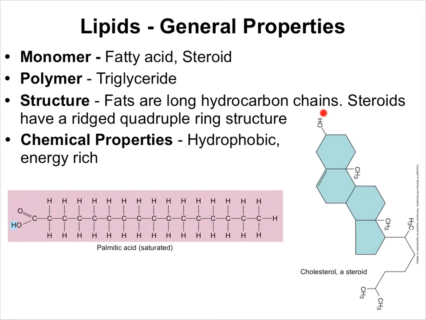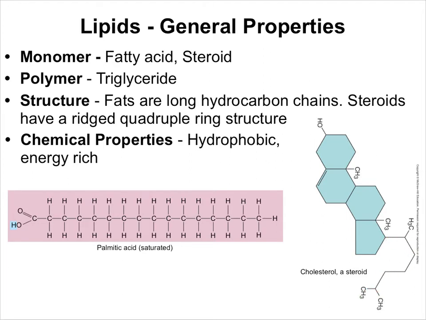This is a steroid molecule. You can see that it has this structure which is based around a set of 4 rings, 3 hexamer rings and 1 pentamer ring. Hexamer means 6-sided, pentamer means 5-sided, and then you will often have this little tail kind of curling away.